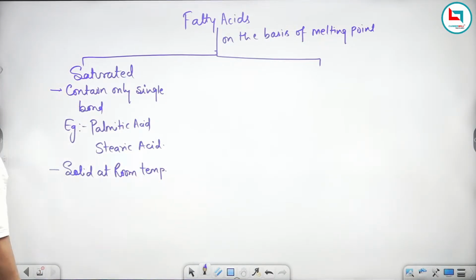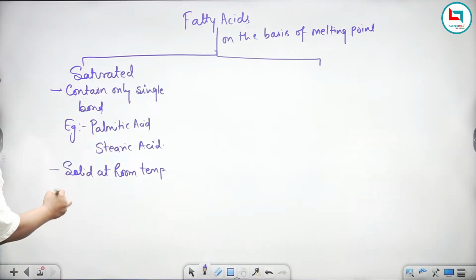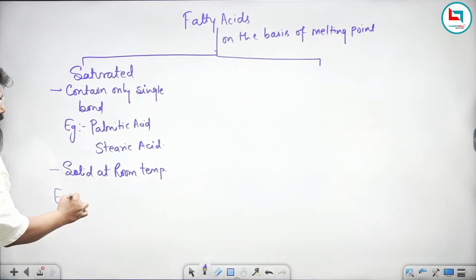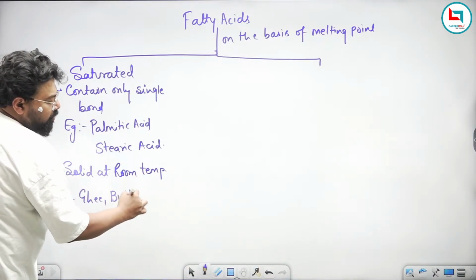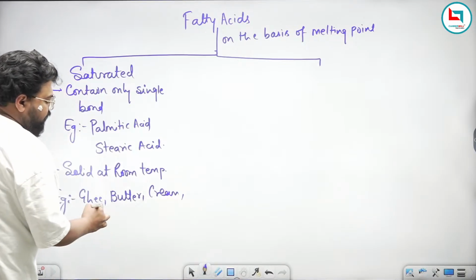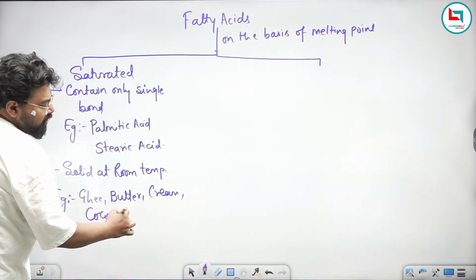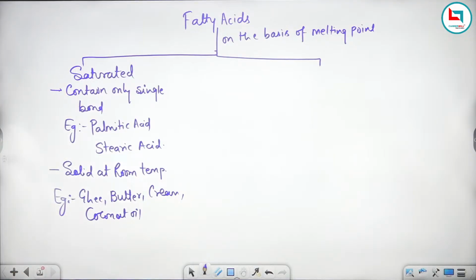So the examples of these fats are generally animal fats like ghee, butter, cream, and one oil, that is coconut oil, which is generally an oil but solid at room temperature.